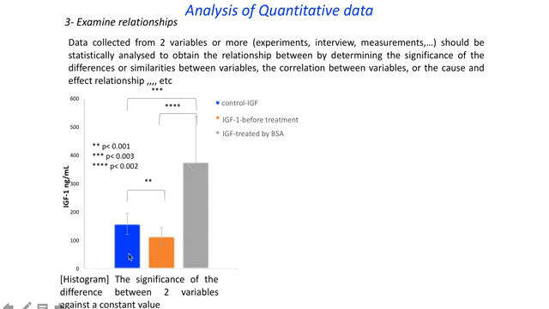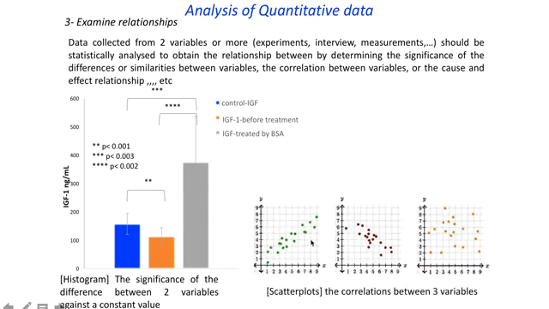So this shows the relationship between these variables, and this relationship could be statistically studied by showing the correlation coefficient, either a positive correlation, negative correlation, or no correlation.